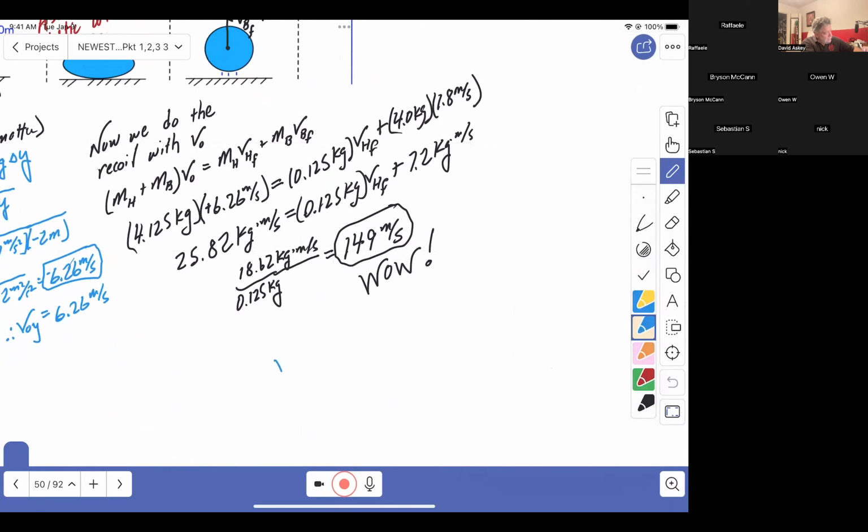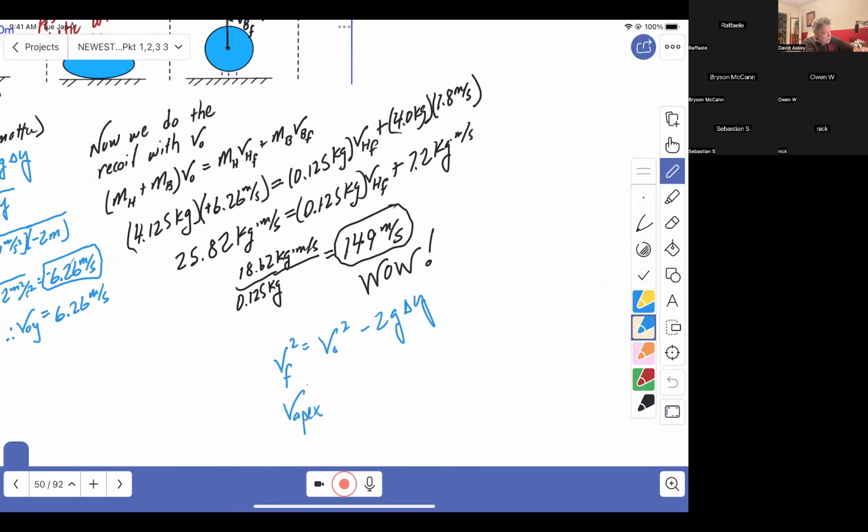I guess I'll go back to blue kinematics. V final squared equals V naught squared minus 2g delta Y. And then this is basically green because at the apex, V apex squared equals 0.